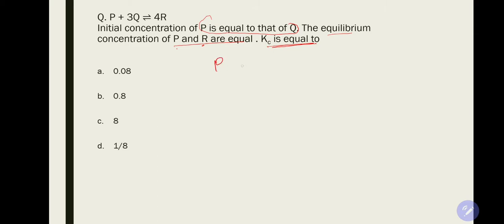Let's write the equation first, that is P plus 3Q gives 4R. Now over here, what is the initial concentration? Let us assume that the initial concentration of P is C, and the initial concentration of Q is C. What will be the initial concentration of the product? It will be 0. Why are we taking C on both sides?